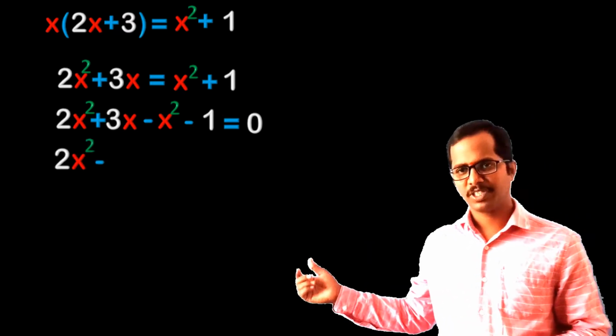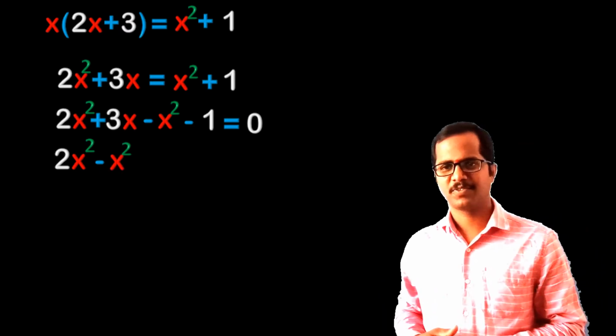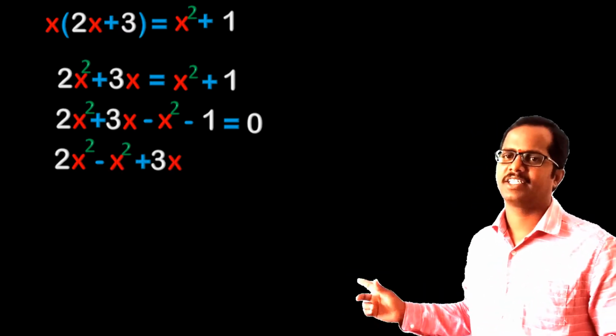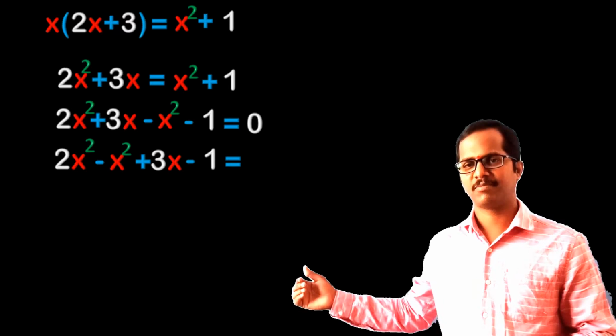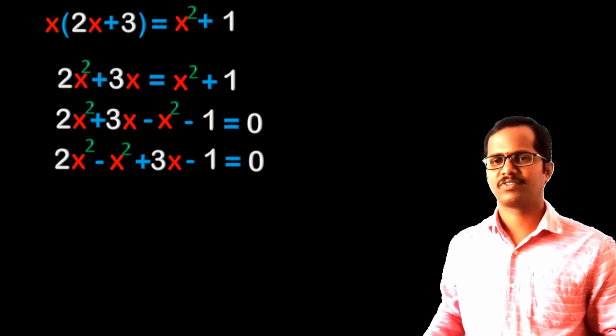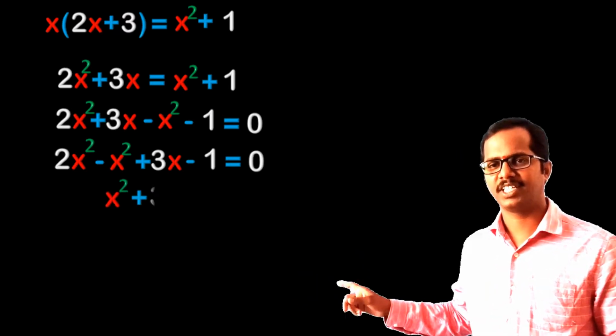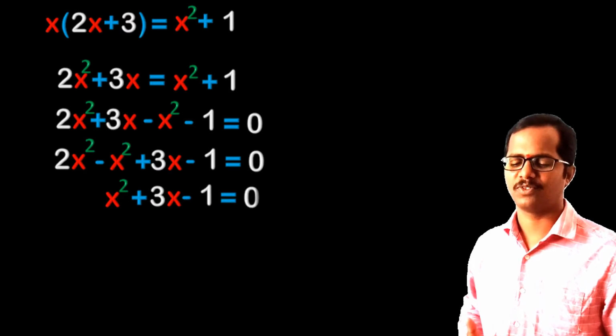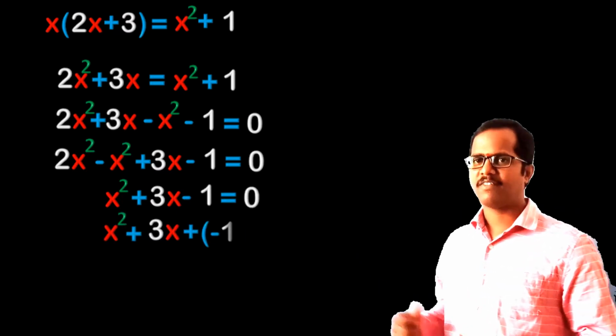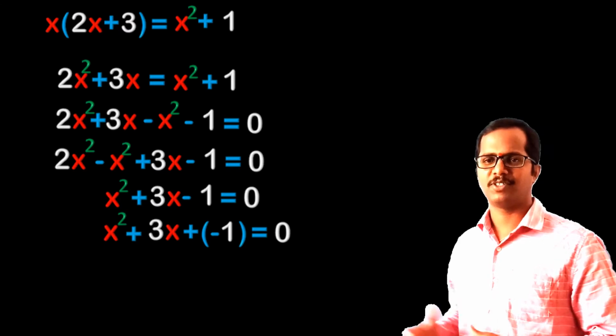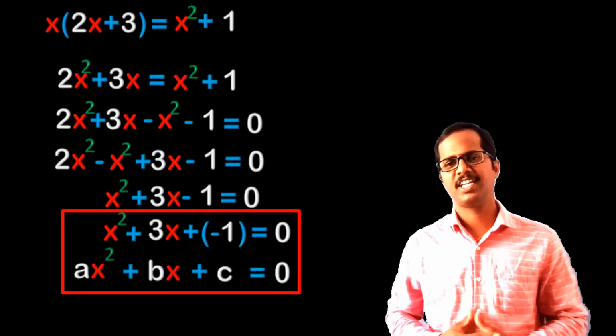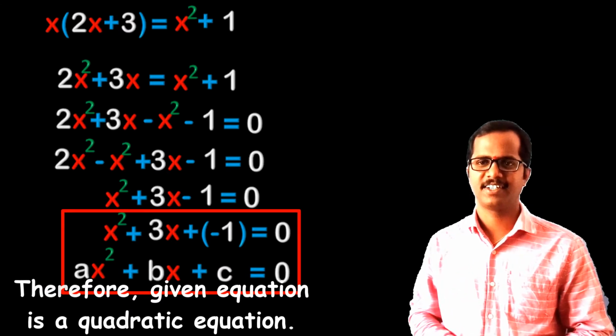So by grouping them we get 2x square minus x square plus 3x minus 1 equals to 0, and by subtracting x square from 2x square we get x square plus 3x minus 1 equals to 0. Now it is clearly in the form of ax square plus bx plus c equals to 0. So hence we can say the given equation is a quadratic equation.